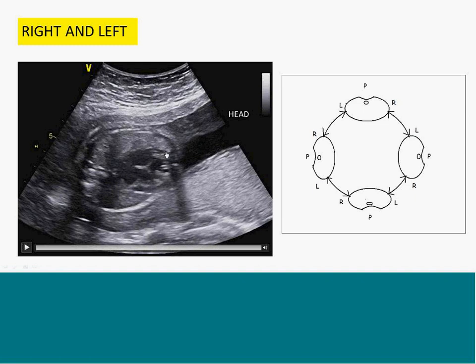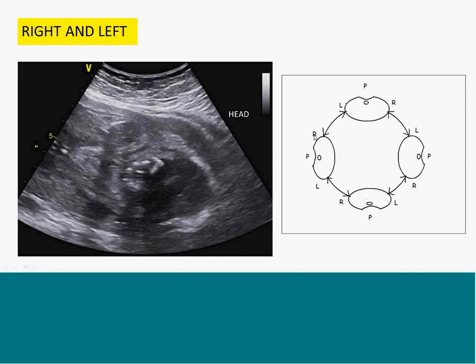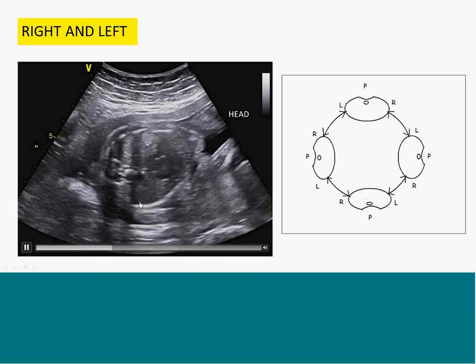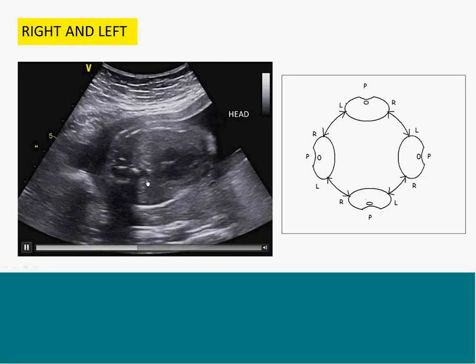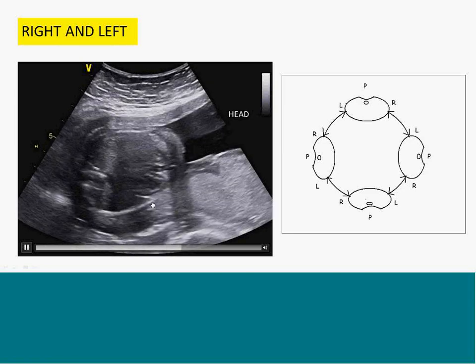Now, how do we decide what is left and what is right? So, we follow this figure. This is the spine, this is the sternum, this is left, and this is right. Here you can see the descending aorta, the heart, and the stomach bubble on the left side.